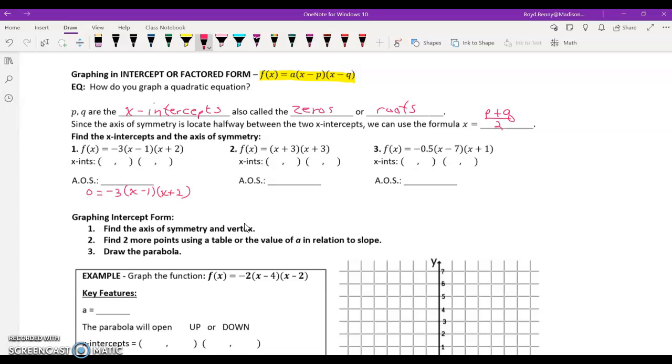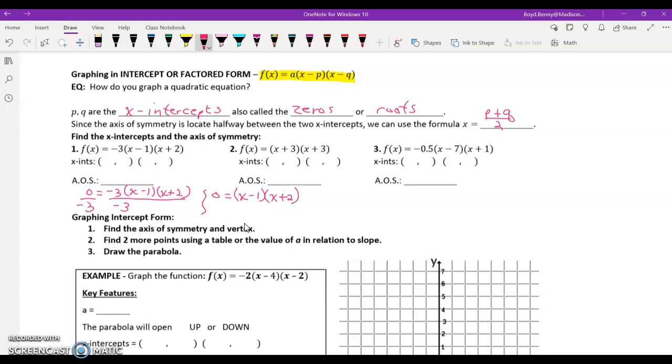Well, the first thing I'm going to do is divide out the negative 3. And that's going to leave me with 0 equals x minus 1 times x plus 2.